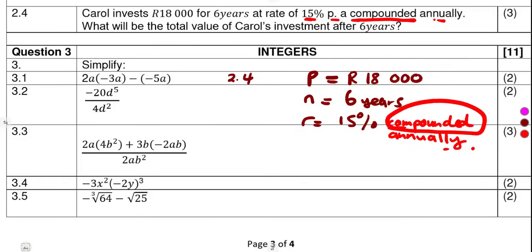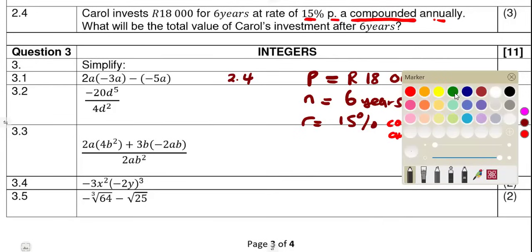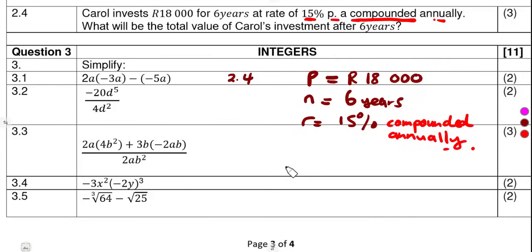Once you see this, you know that you are dealing with compound interest, where the formula states, A is equal to P into 1 plus R over 100, to the exponent of N. Like I said, R is given as a percentage.